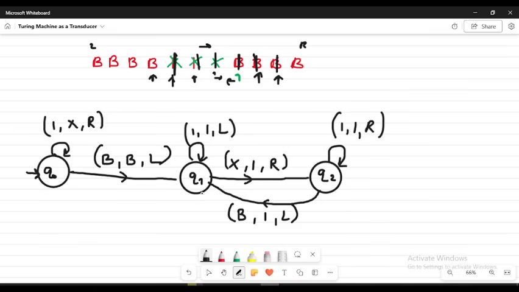Now when you hit the blank, for that no configuration is mentioned, and you know that you have seen all the string inside the Turing machine tape, so now you can halt, you can stop, right? So for that you mention the configuration.